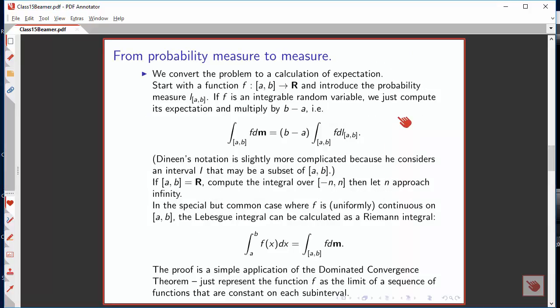Now let me say a little bit about measure in general rather than probability measure. I'm going to do this by turning the issue into one of a calculation of expectation. We've got a function from a closed interval of the real numbers to the real numbers, and we can introduce a probability measure which, although it's not clear with the typeface that I'm using, is lowercase l for the interval from a to b.